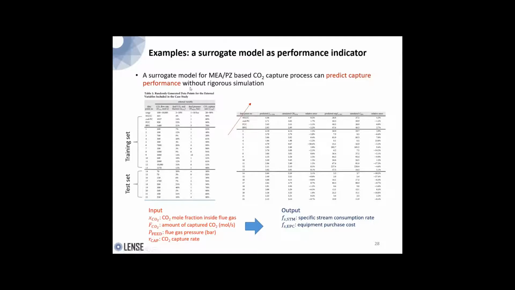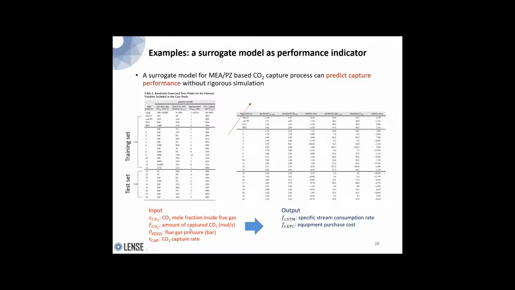So what we tried to do was create a surrogate model where the inputs will be things like the CO2 mole fraction inside the flue gas, because you get different CO2 mole fractions in the flue gas depending on where the source is, right? Whether you have a natural gas plant or power plant or some sort of industrial flue gas, they all have different CO2 concentrations.